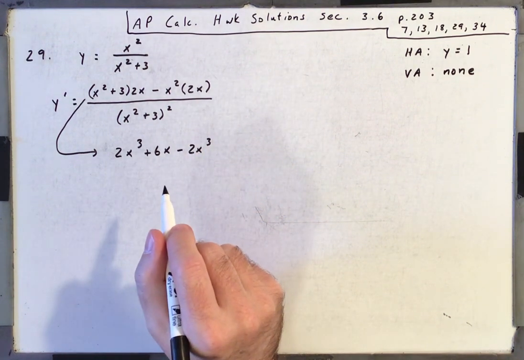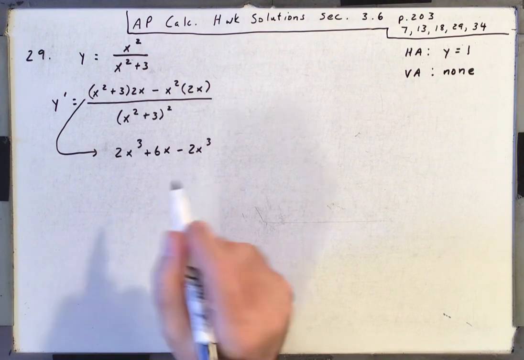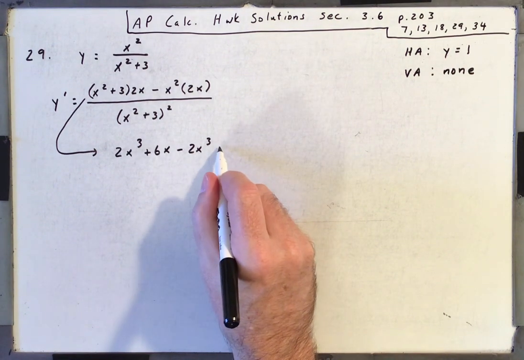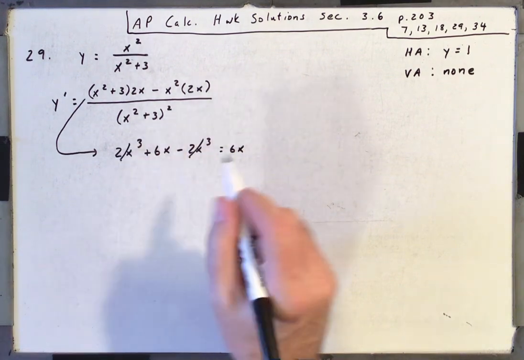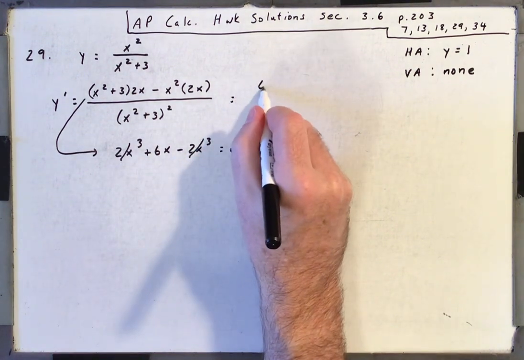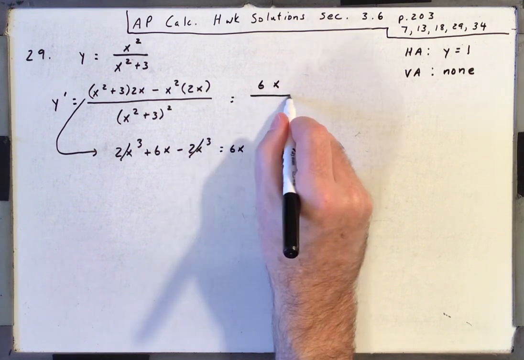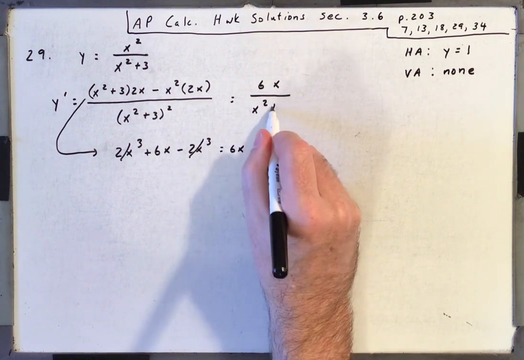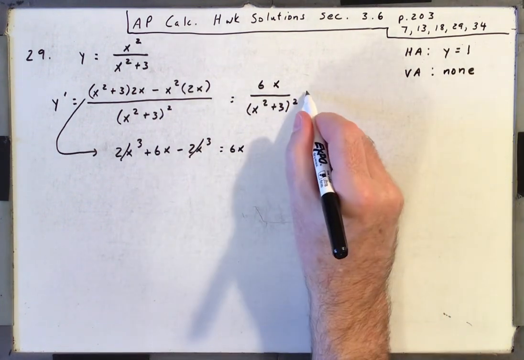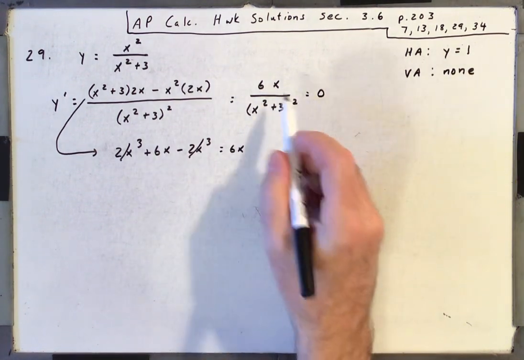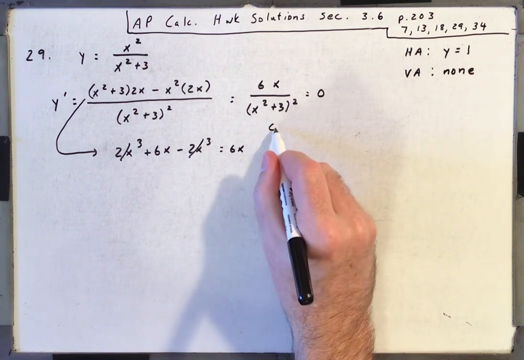So the top of this just ends up being 6x because those cancel. So I have 6x over (x^2 plus 3) squared. Where does that equal 0? Well, it's when x is equal to 0.